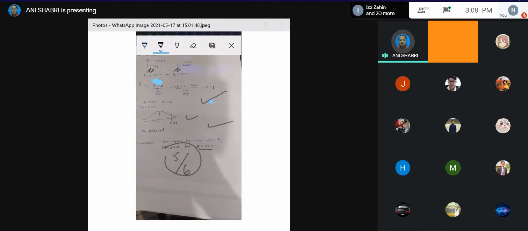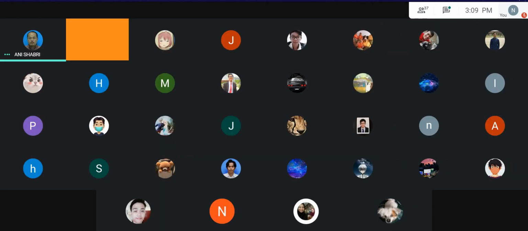Lihat nota balik. Rasa tak ada masalah, semua dah boleh buat. Kita continue our lesson.